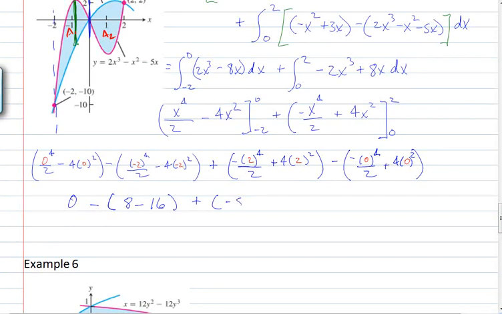This is negative 8 plus 16 minus 0. All right, distributing the 8, this is going to end up being a positive 8. Yeah, 8 minus 16, and then you take the opposite. And this is 8 right here, so this ends up being 16.